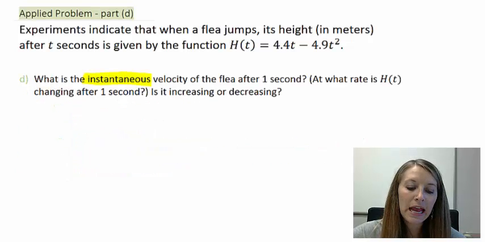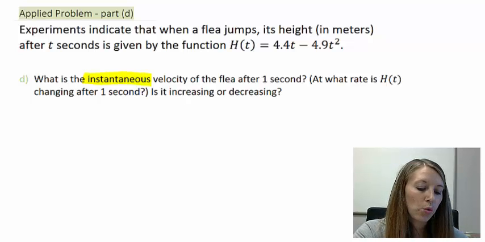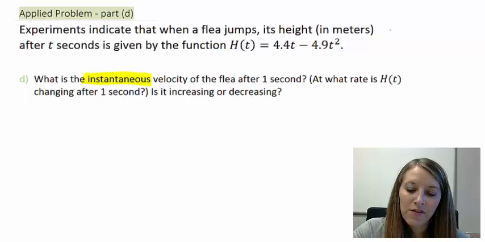We want the instantaneous velocity of the flea after 1 second, and so this is actually where the calculus part of this function fits into play. We know to compute the instantaneous velocity, we have to compute the derivative. The derivative is defined as the limit as h goes to 0 of typically f of x plus h minus f of x all over h.